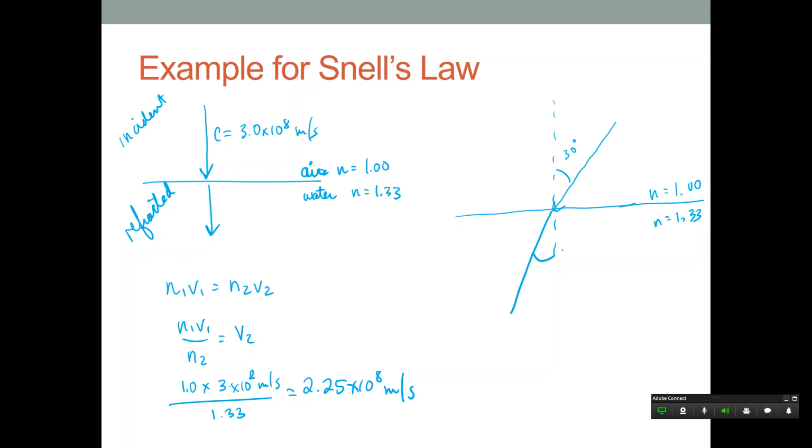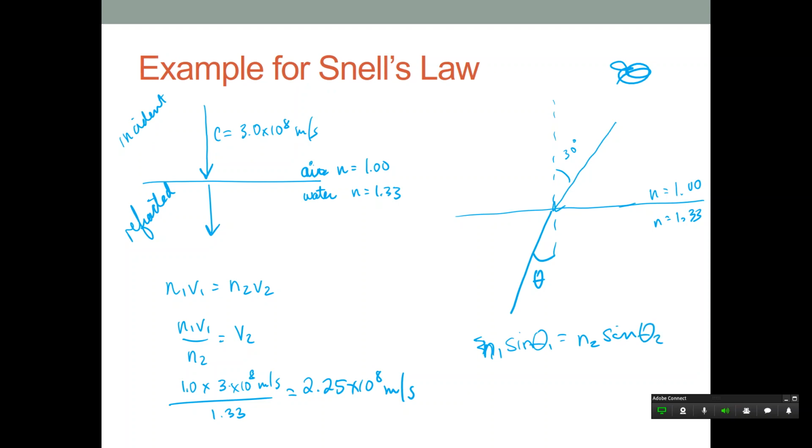Let's figure out what this angle is. We've made a prediction: less than 30 degrees. So now we have to use the actual Snell's law, which is N1 sine theta 1 is equal to N2 sine theta 2. You want to be in degrees for this.